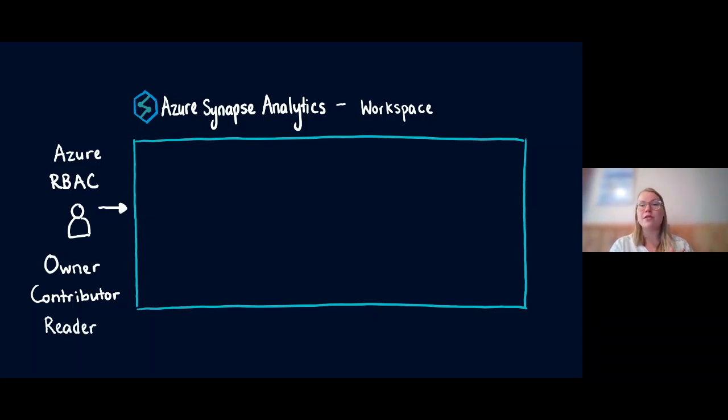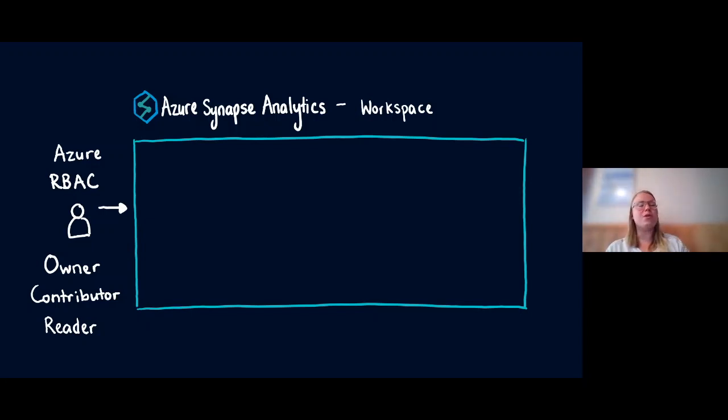And there are, of course, some service-specific roles available in Azure RBAC as well, but these are the main three roles. And this is for the people who are going to manage the Azure Synapse Analytics workspace from the infrastructure side. So for example, creating SQL pools, etc., things like that.